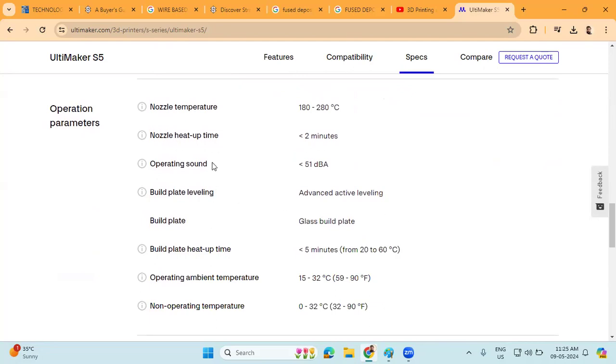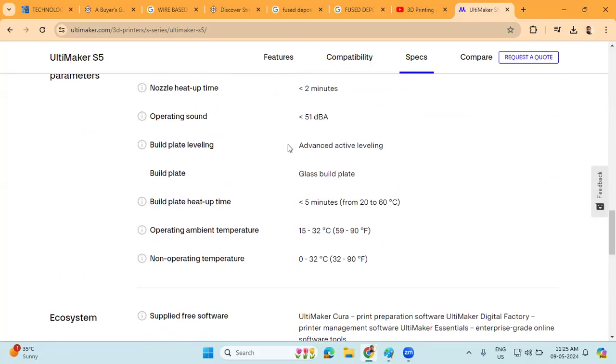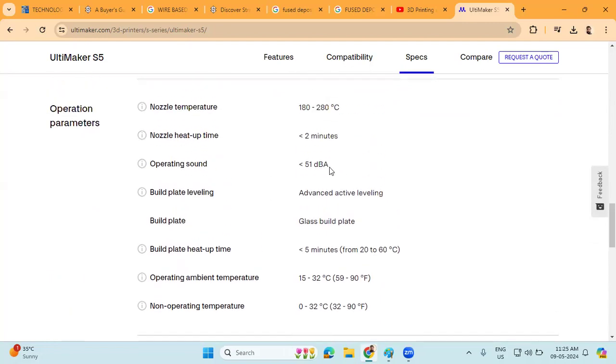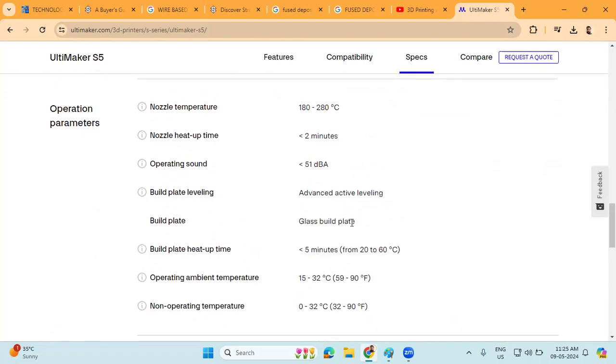Coming to the operation parameters, the Ultimaker S5 operates within a temperature range of 15 to 32 degrees Celsius and produces an operating sound of less than 51 dBA. The printer's advanced active leveling build plate ensures precision and accuracy, and the glass build plate heats up in less than 5 minutes.